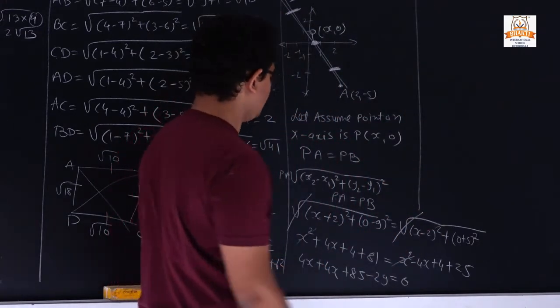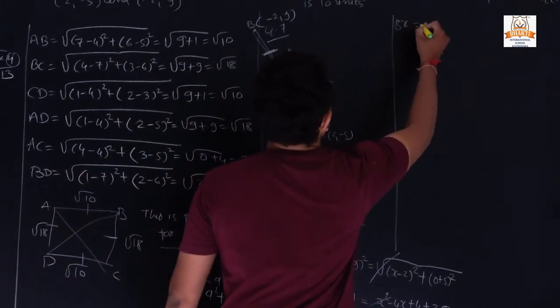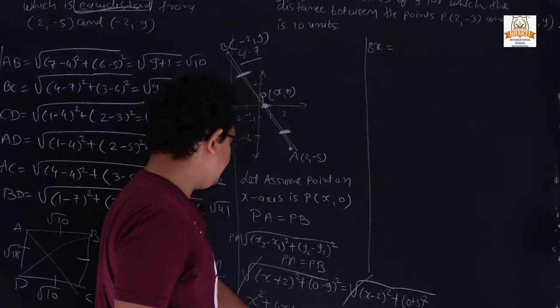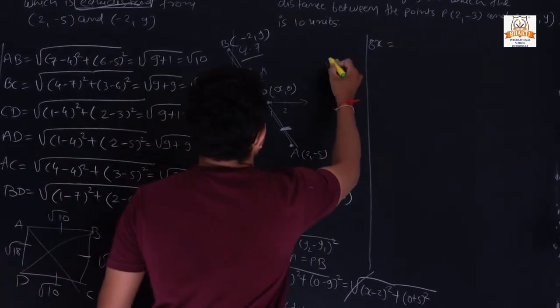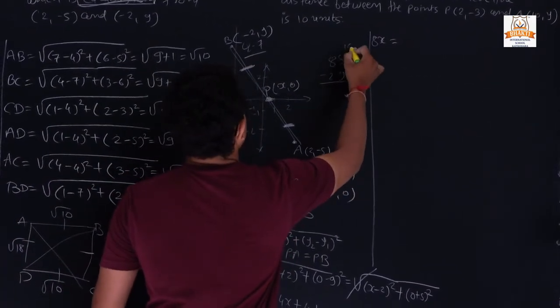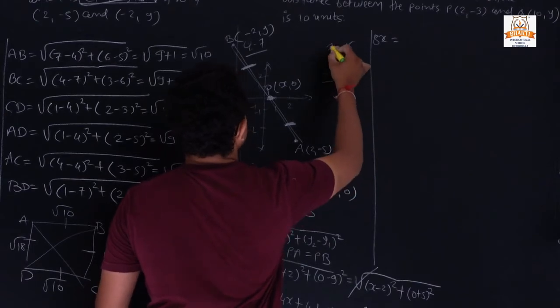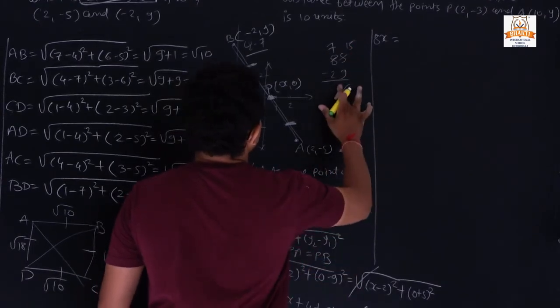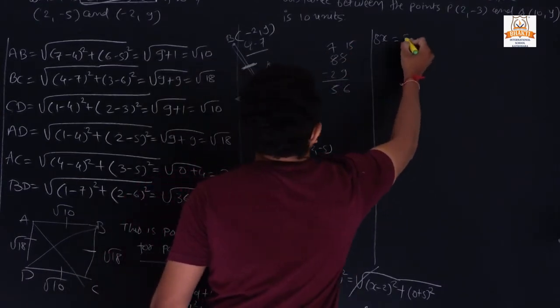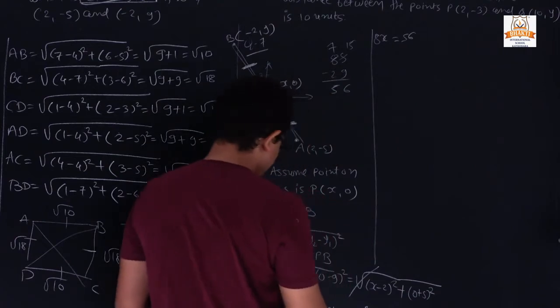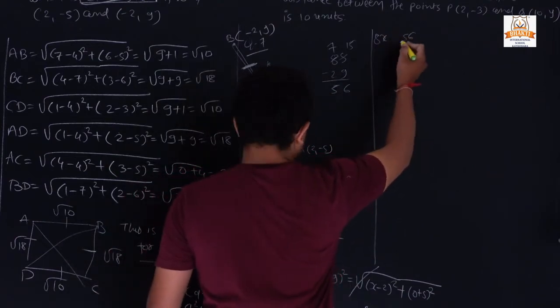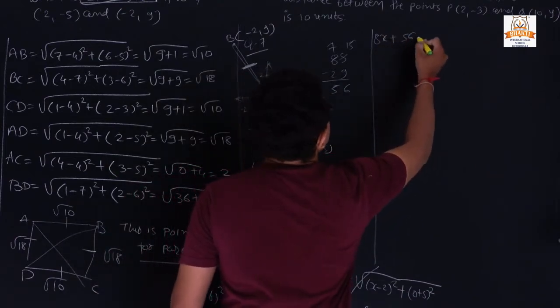So 4 plus 4 is 8x. 85 minus 29 is 56. Clear? 8x plus 56 is equal to 0.